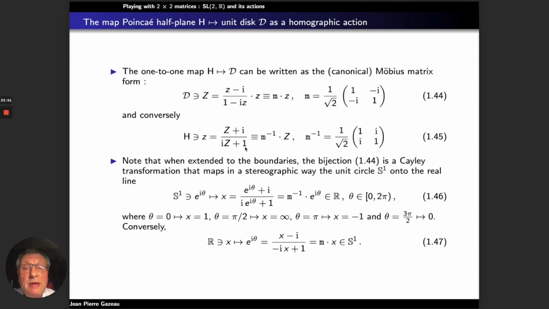Conversely, we can take the inverse, which corresponds to the action of the inverse matrix of M given by this expression. If we consider those matrices, we can see they both have determinant 1.